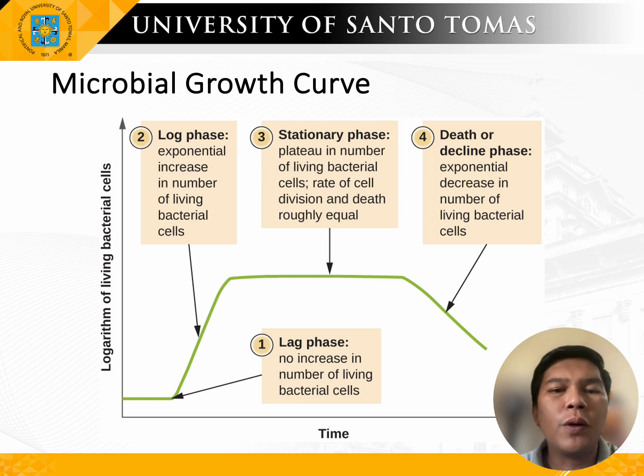Aside from that, for the microbial growth curve, you can see that there are 4 parts specifically, which include the lag phase, the log phase, the stationary phase, and the death or decline phase. What is the difference between them? Well, in the lag phase, there is no increase in the number of living bacterial cells. Why is there no increase in this phase?